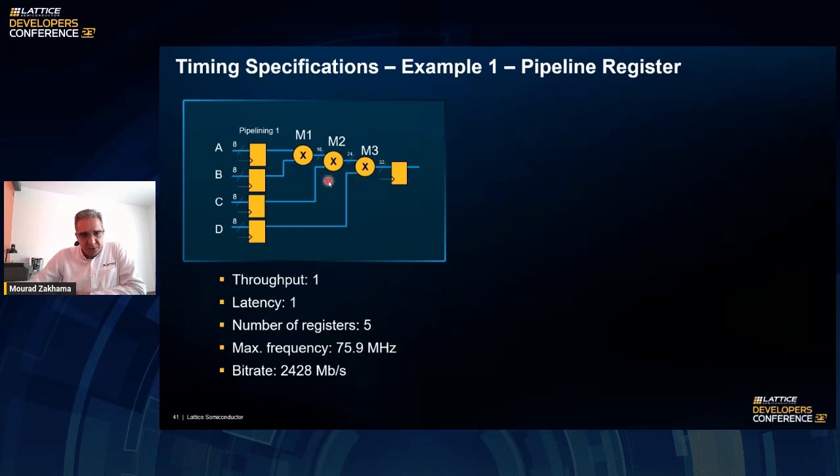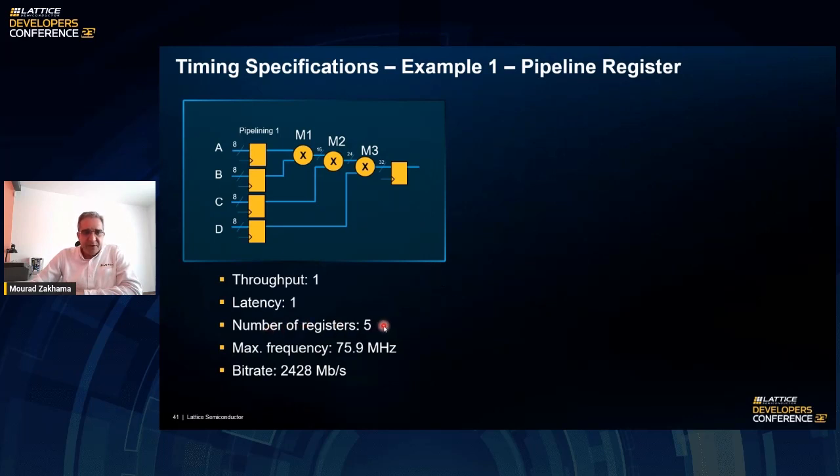In this case, we have a throughput of 1 and a latency of 1. Every clock cycle we're going to have data, and we don't have to wait. Once A, B, C, and D are clocked, on the next clock cycle the output changes to a new value from our logic.